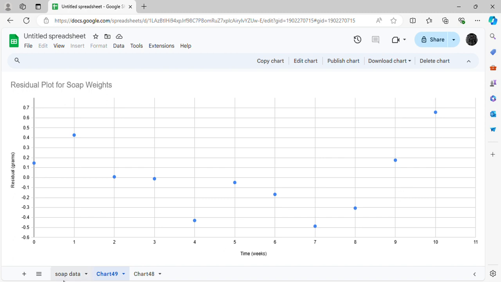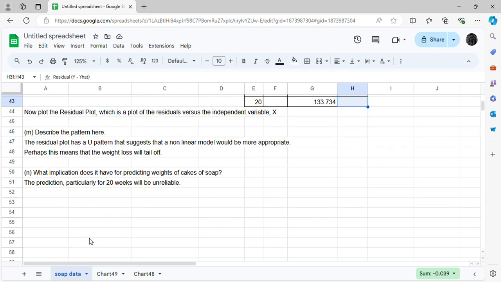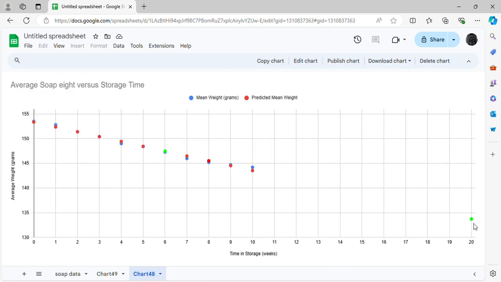Okay. So next question. What implication does it have for predicting weights of cakes of soap? The prediction, particularly for 20 weeks, will be unreliable, whereas for 6 weeks, the prediction is reliable.